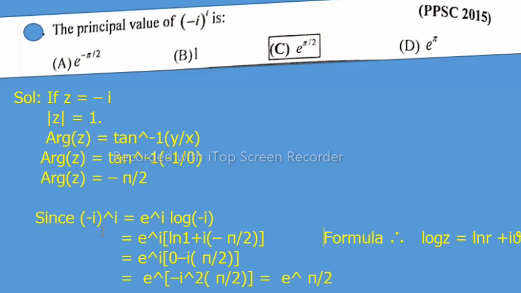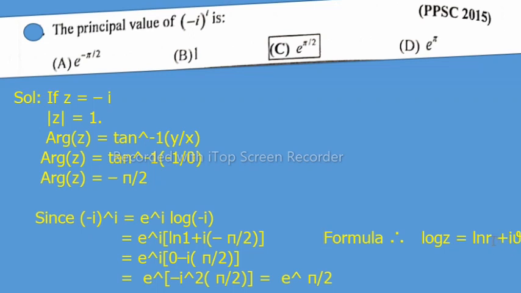Since (minus iota) whole power iota is equal to e power iota log of minus iota. So the log of minus iota is equal to natural log 1 plus iota into minus pi over 2. The log of z is equal to natural log r plus iota theta.